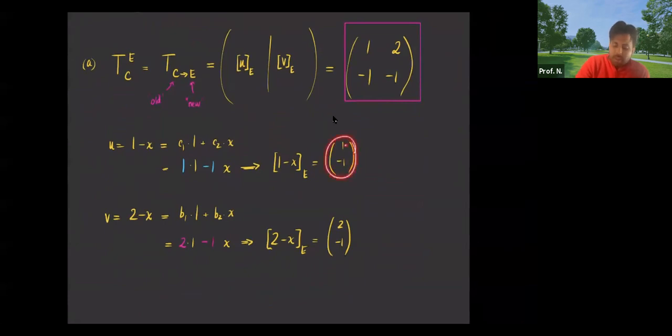The components of the vectors are the coefficients of the terms. So the first component of my vector that represents my polynomial is the constant. What's the constant? It's 1. And then the next component of my vector is the coefficient for the x term.